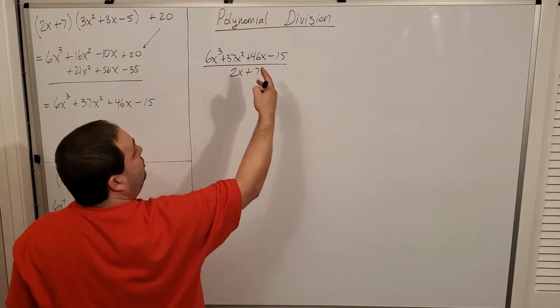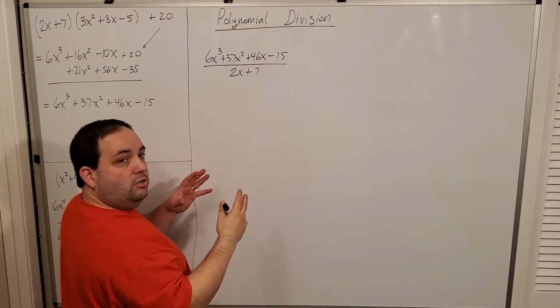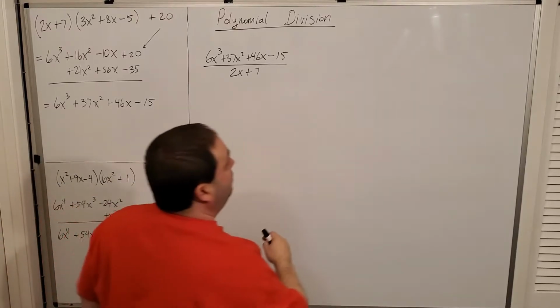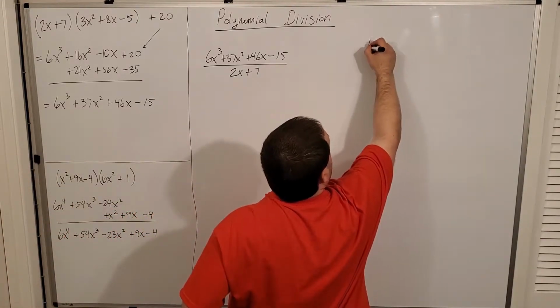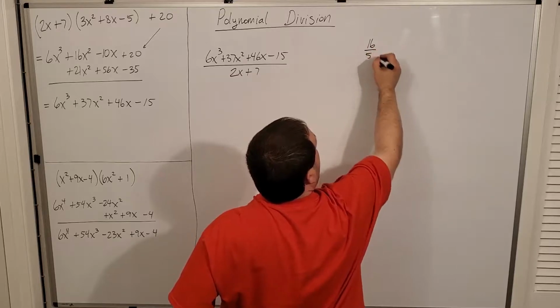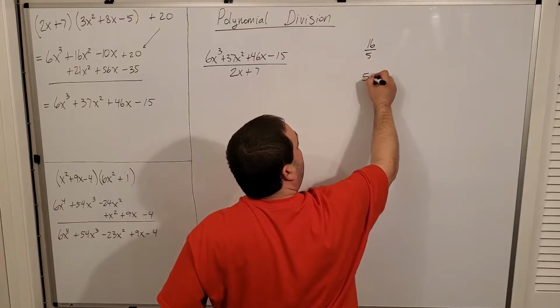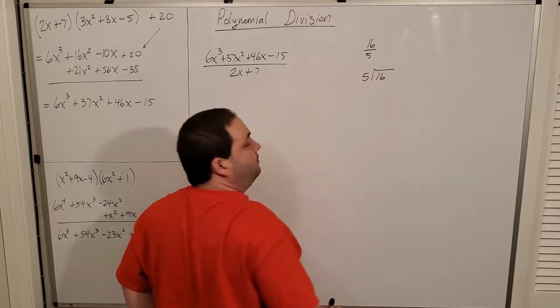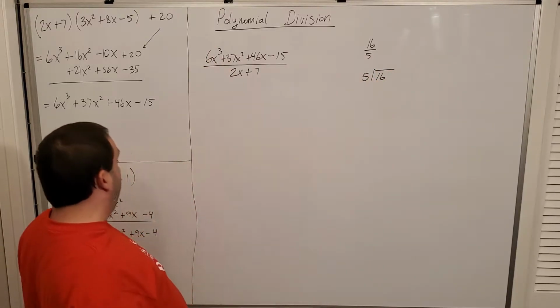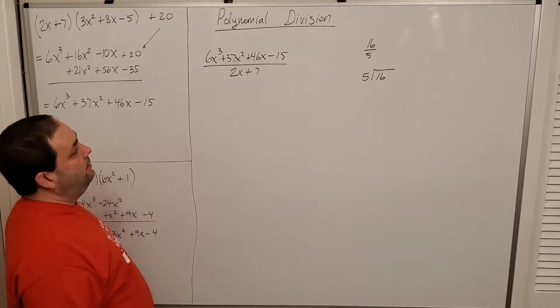So just like you would with a normal long division with numbers, right? If I were to do something like 16 divided by 5, the long division for this, I would write like this, right? No different here. I would do exactly the same thing here.